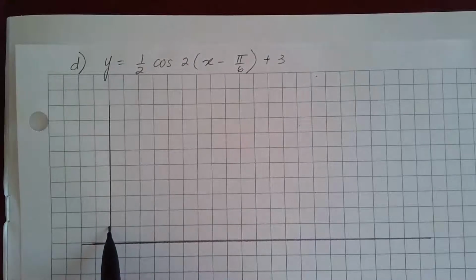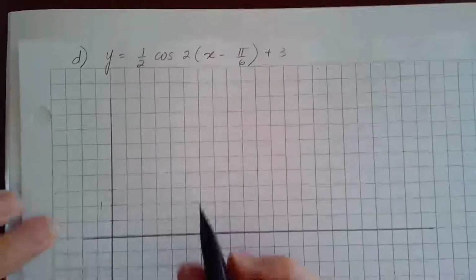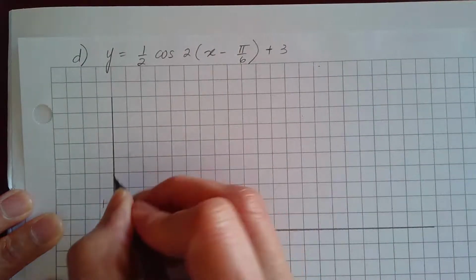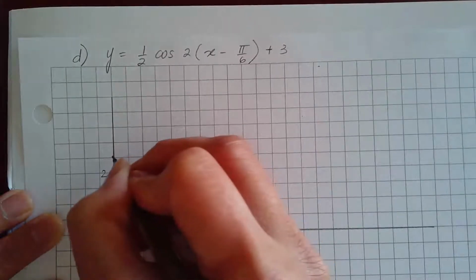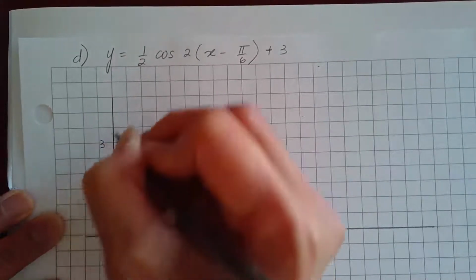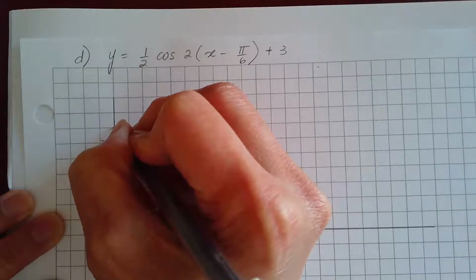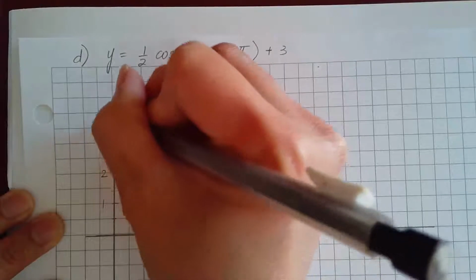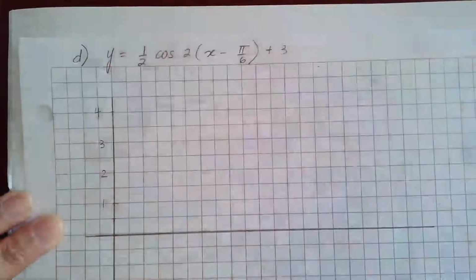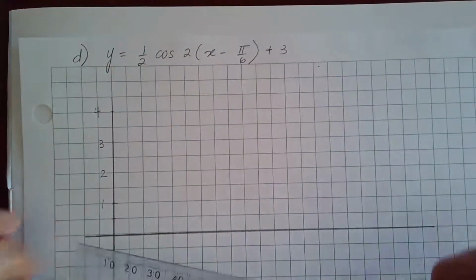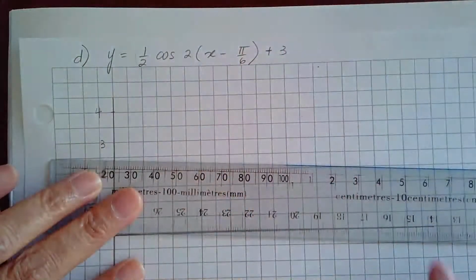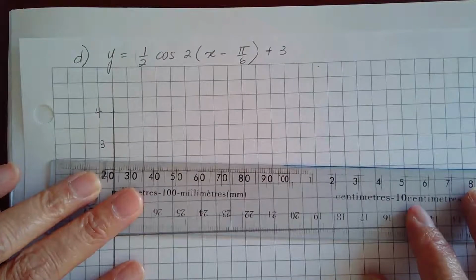So I can go 1, every second one is 1, 2, 3, 4. Okay, so I don't have to have my graph really tiny.